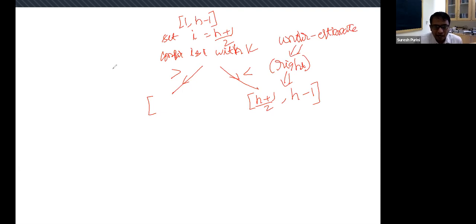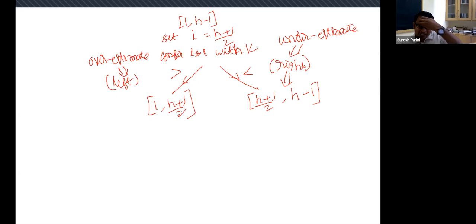And if I star I is greater than k, then what is the story? We have overestimated. If there is an overestimate, we go to the left side, and going left is the interval 1 comma h plus 1 by 2.